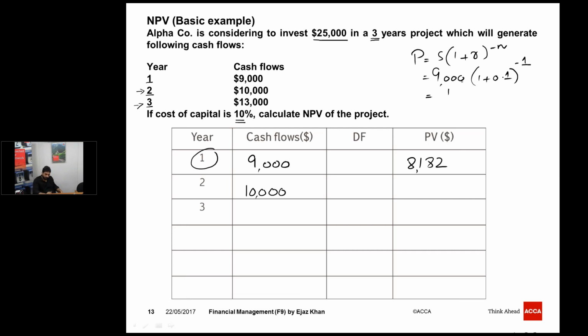Let us calculate the present value of $10,000: 10,000 into (1 plus 0.1) raised to the power, since it will be received after year 2, so we'll write -2 here. So let us now calculate the present value of $10,000 which we are supposed to receive after 2 years.